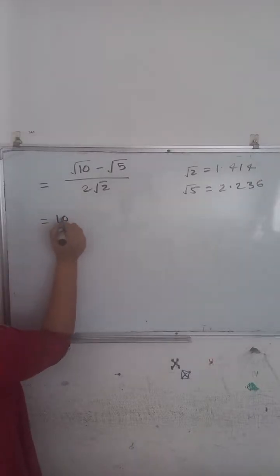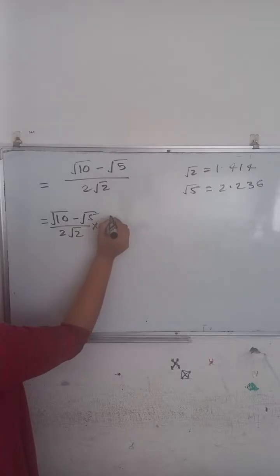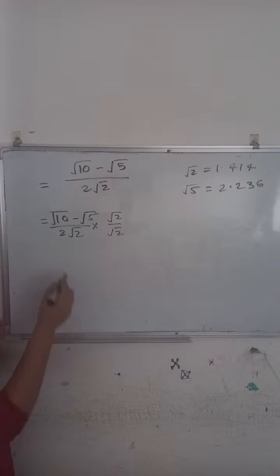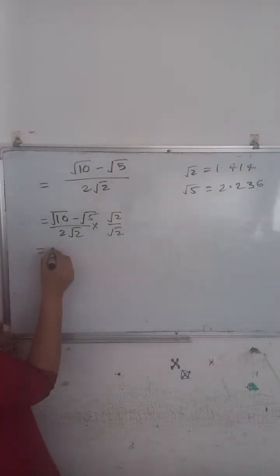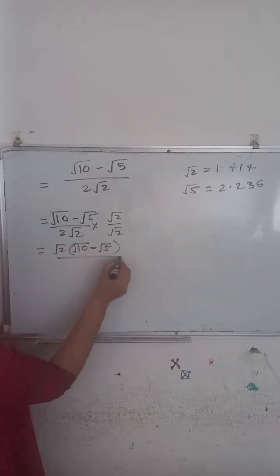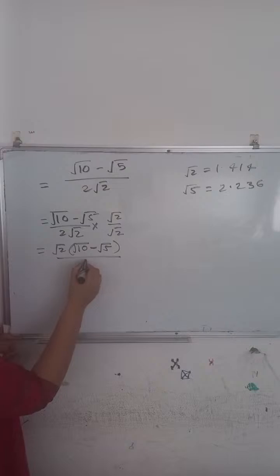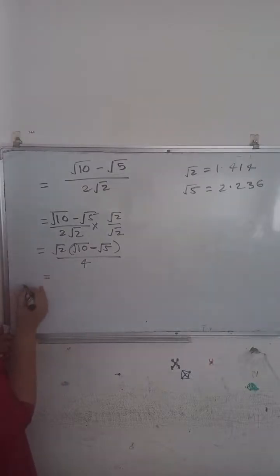So I take root 10 minus root 5 divided by 2 root 2 and multiply by root 2 over root 2. Root 2 times root 2 is 2, and 2 into 2 is 4, so 4 comes in the denominator.